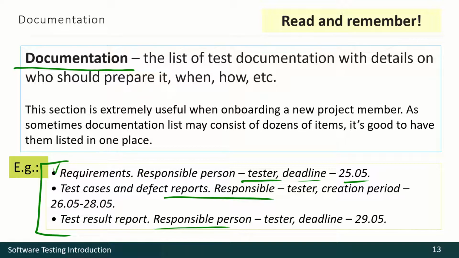This is also useful for customer. Usually customer likes to look into the documentation. This is useful for any new project member, for the knowledge transfer. We may take the list of the documentation and say, scan through this, read this, ask responsible people if something is not clear, and in a couple of days this new person understands the project much better than before.